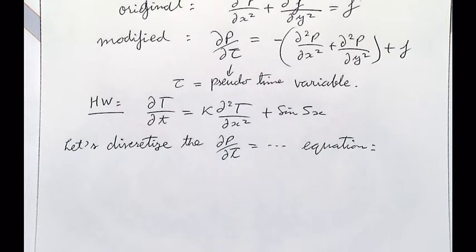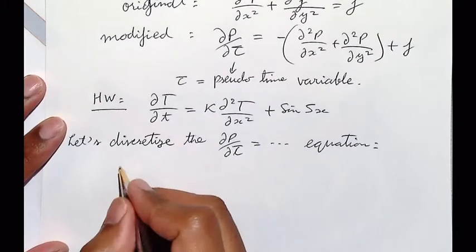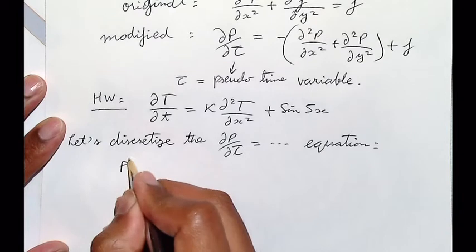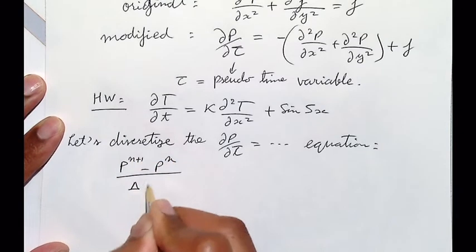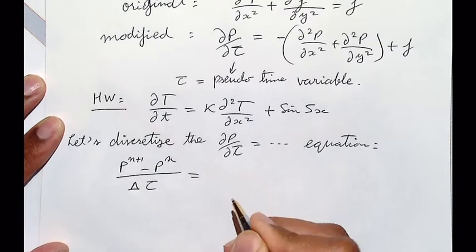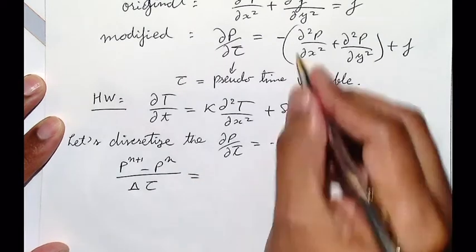First order in time and second order central difference in space for pressure. Okay, so first order in time, let's say it would be Pn plus 1 minus Pn over delta tau. And you said a central differencing in space.